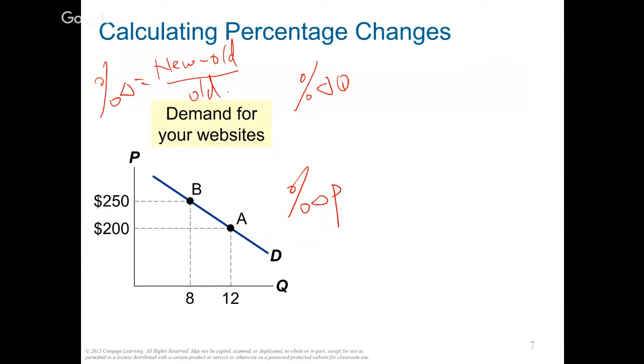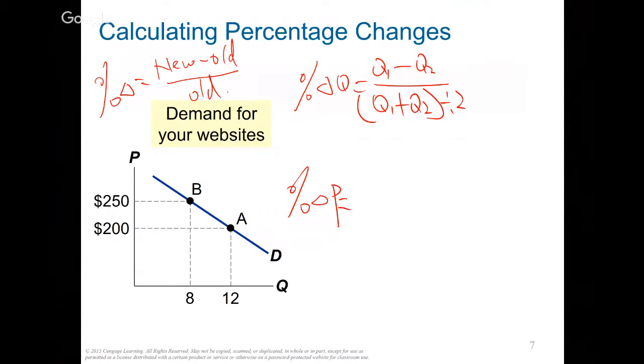But for this graph over here, we have two points, A and B. Between A and B, which one's new, which one's old? We don't know, right? It's hard to see. So we're going to do something called the midpoint method. To find the percentage change in quantity, this will be Q1 minus Q2 over Q1 plus Q2 divided by 2.